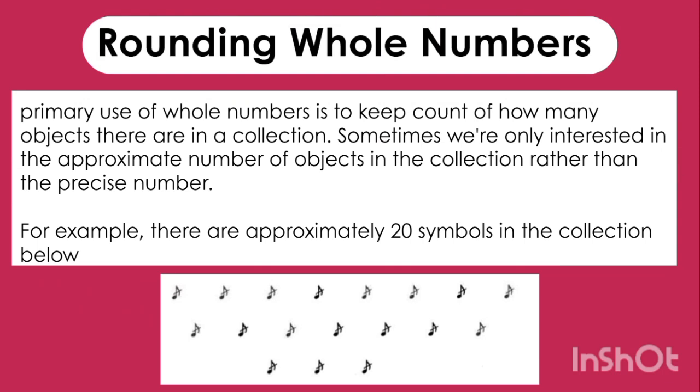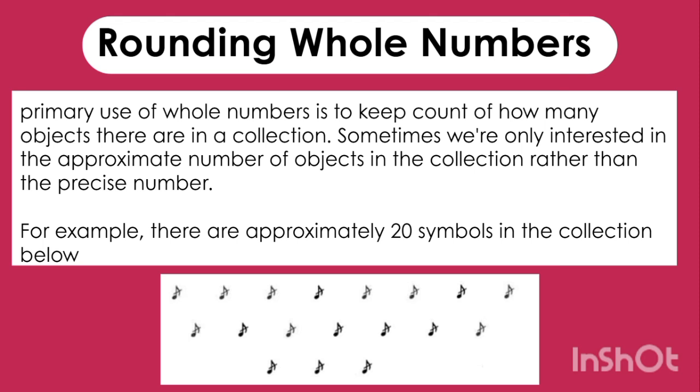So now, let's proceed to discussing rounding whole numbers. This is important. Rounding numbers is very common for us because we usually use rounding, especially when buying groceries. Let's say your money spent is 158.